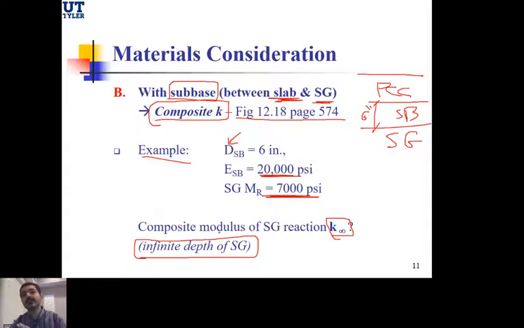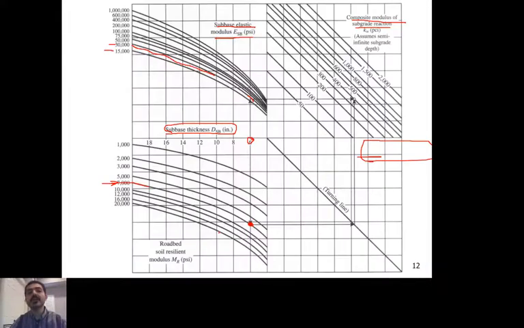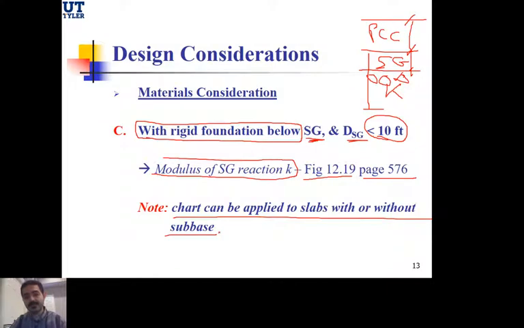Regardless, after picking case A or case B, you're gonna go through case C, which is asking yourself, do I have a thin subgrade close to, which means that the bedrock is very close to the surface, or not? If you have a shallow subgrade, then you need to go through the calculation. And again, these calculations can be done using this structure, which is a PCC on top of subgrade, or I still can have a PCC and a subbase and then a shallow subgrade.